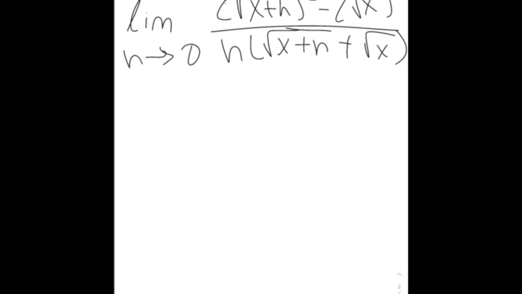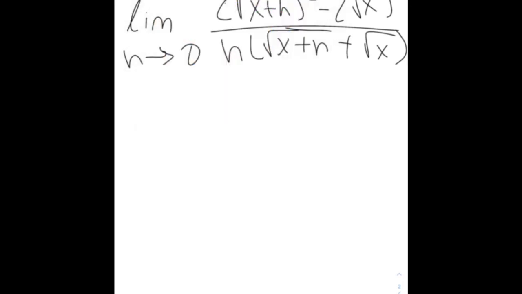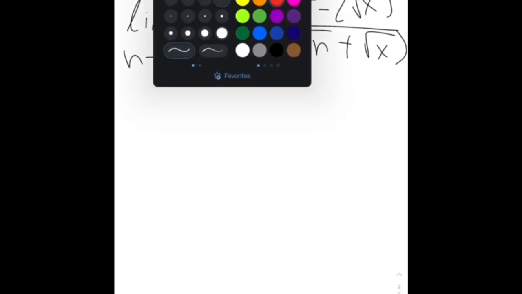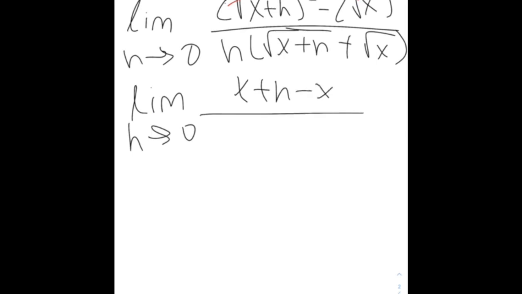Alrighty, so now the next thing we are going to notice is that with a square root and the figure being squared, they're going to cancel out. So now we have the limit of h approaching 0 of x plus h minus x, all over h times our conjugate, which again is the square root of x plus h plus square root x.